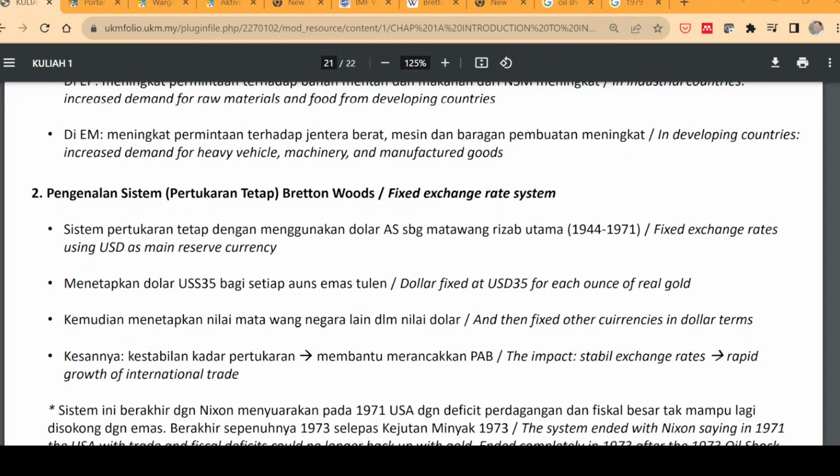That's the difference between IMF and World Bank. For IMF, the loan is a period of 1 to 2 years only, and can be up to 5 years. But for World Bank, the loan is for 10 years, 20 years, long term.